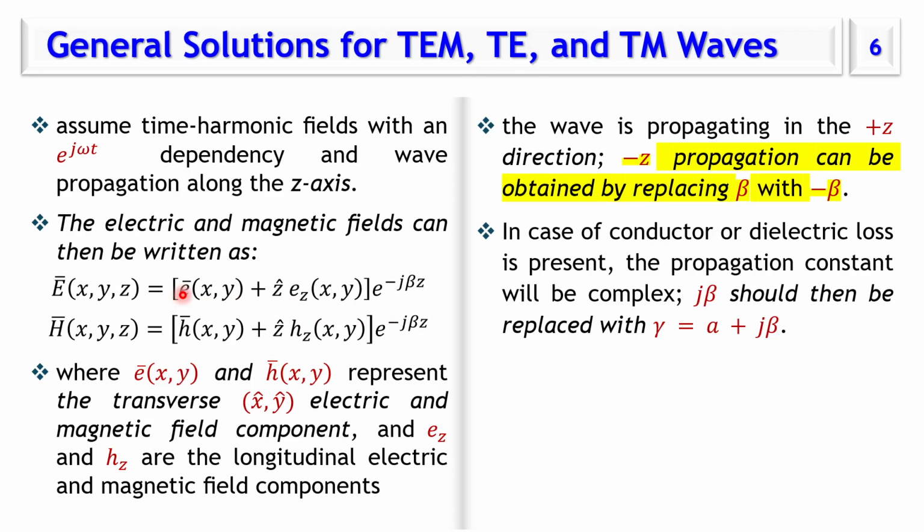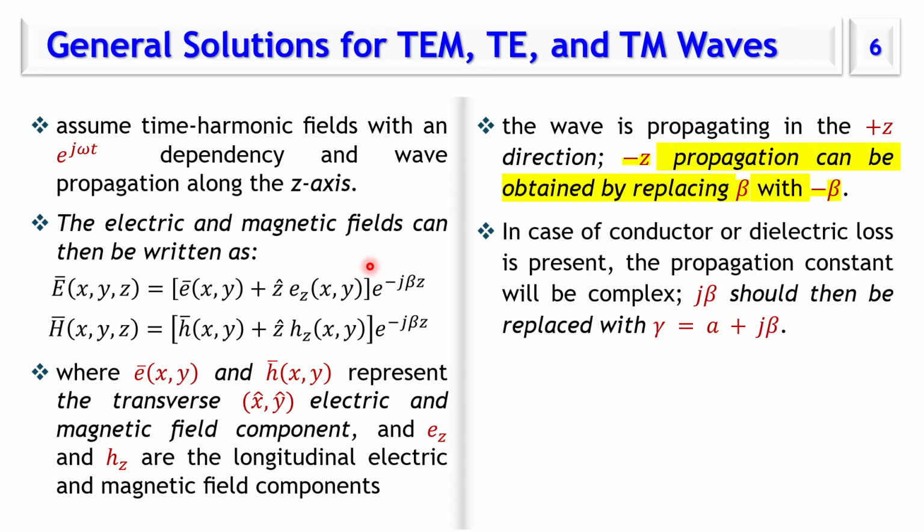Like E of x, y is the transverse component of the electric field. Ez is the longitudinal component, because we are assuming the waveguide is extending along the z-axis, so the wave is either propagating in the positive z direction or in the negative z direction.